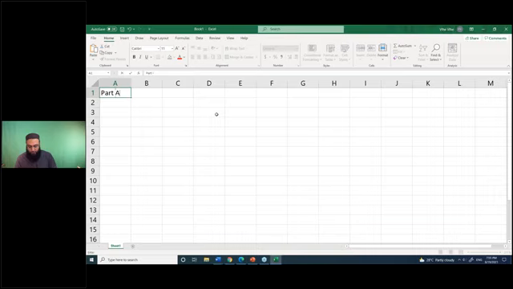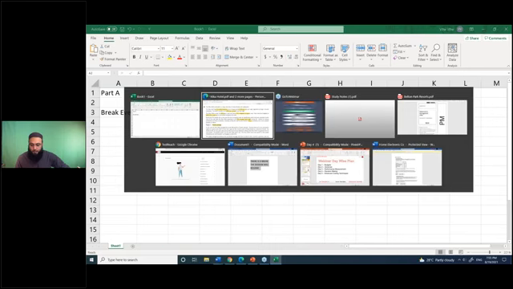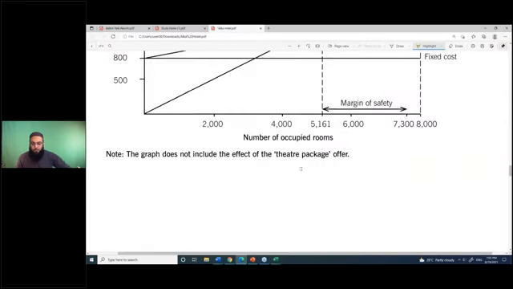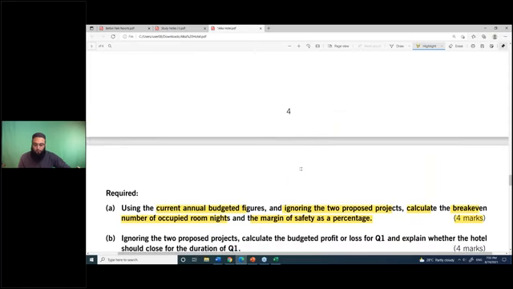So part A, we need to work out the break even. Break even in terms of revenue or break even in terms of units. These are two separate things to keep in your mind.